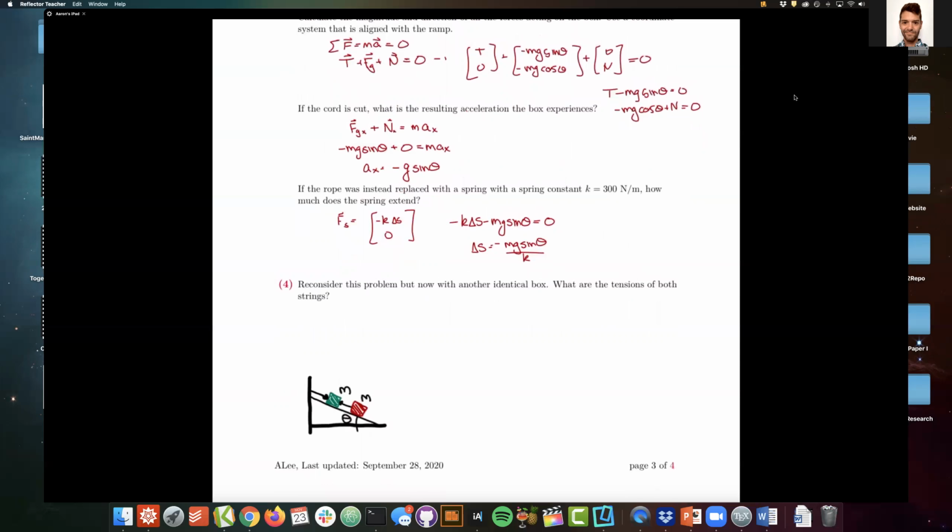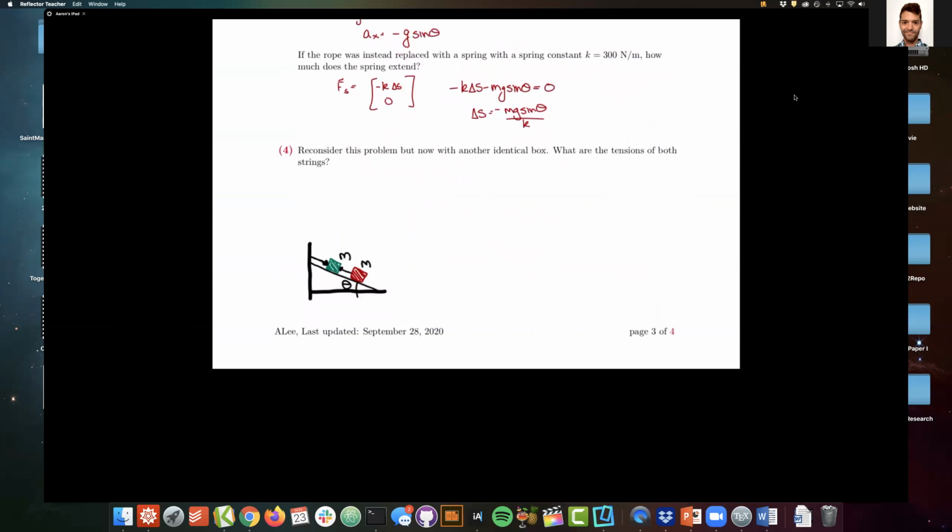We consider this problem, but now with another identical box. What are the tensions in both strings? So that's fun. Free body diagram, I would say for the red box: gravity pulls down, tension pulls up, and then the normal force points away from the ramp.